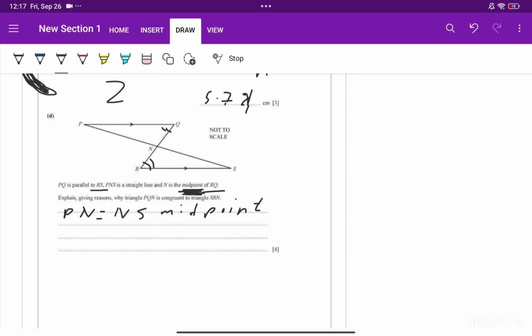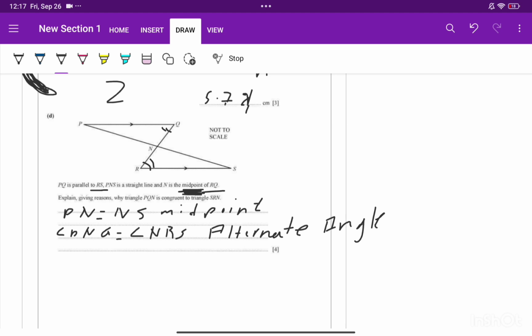So we can write that angle PQN is equal to angle NRS because of alternate angles.